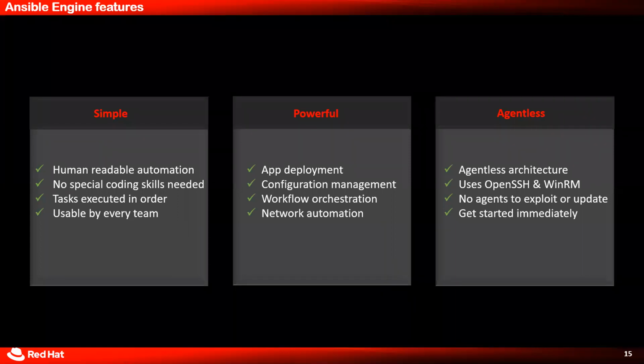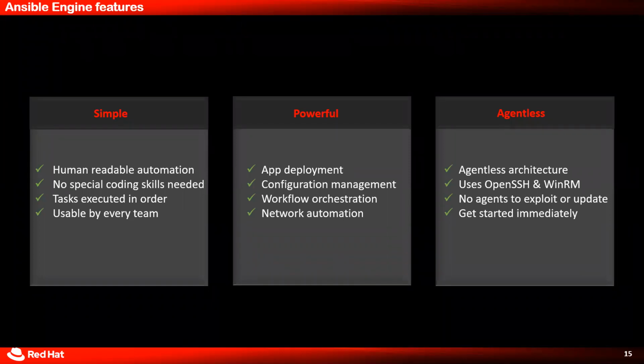And then it is agentless. As I said, you don't have to install any agent on the client. Typically it leverages OpenSSH or WinRM. OpenSSH is for Unix-based machines; it can be a Unix-based server, or a switch or a router. And for Windows, it uses the WinRM protocol to log into Windows Server.